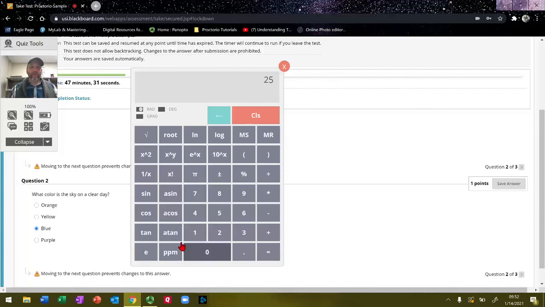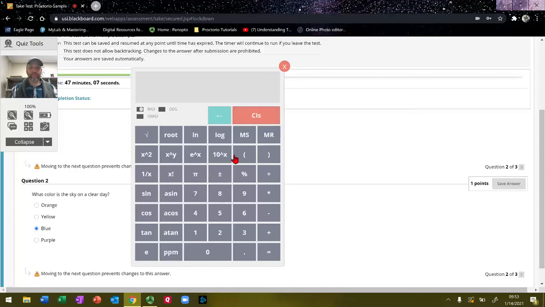E to a power, let's just say e to the second power, I don't know what this should be, but let's do 2, and then the natural anti-logarithm button, and we get that. 10 to the power, so let's do 10 to the third power. We should get 1,000, and that's what we get.